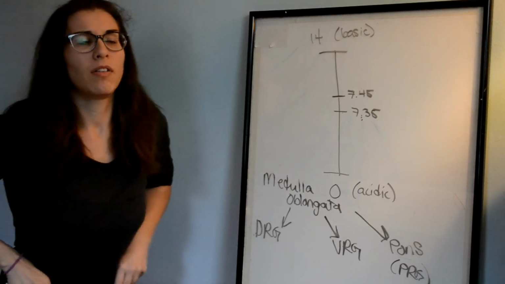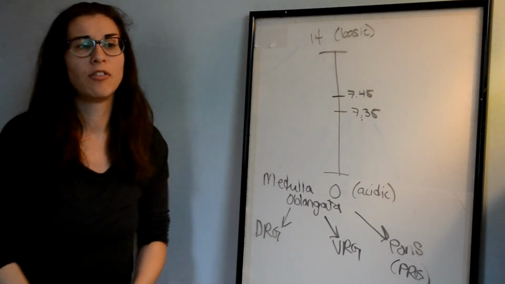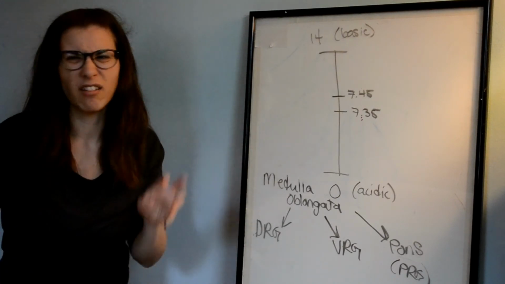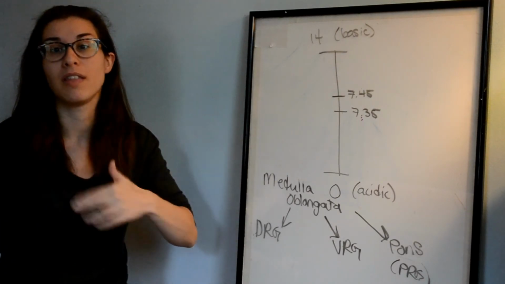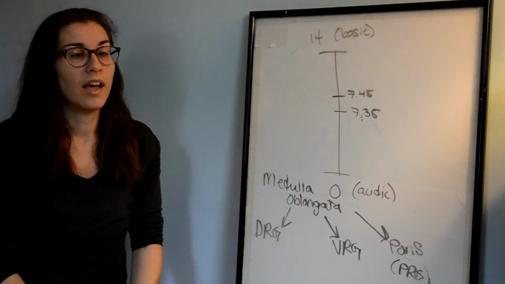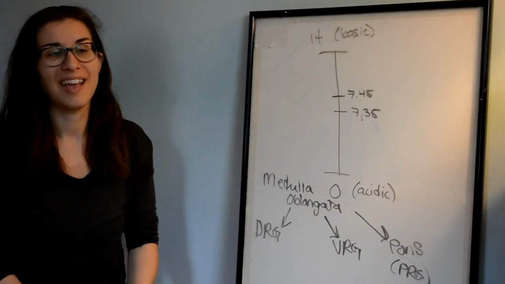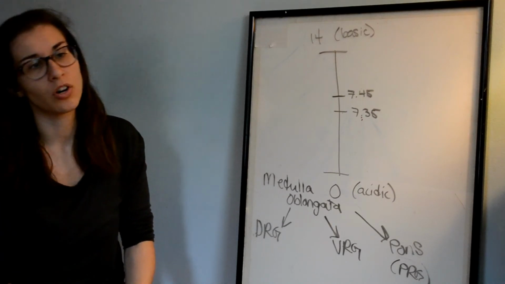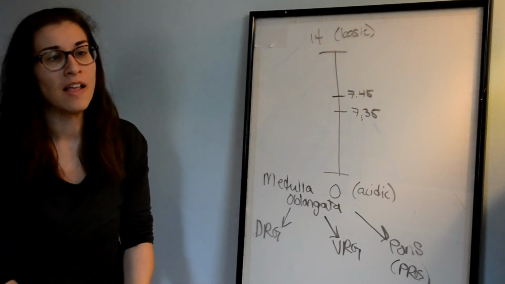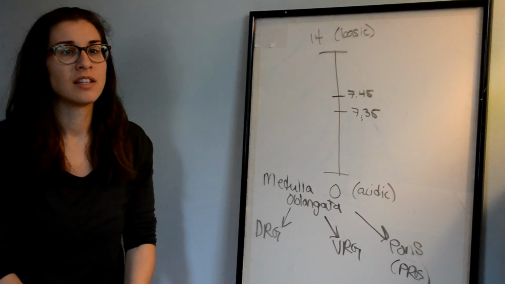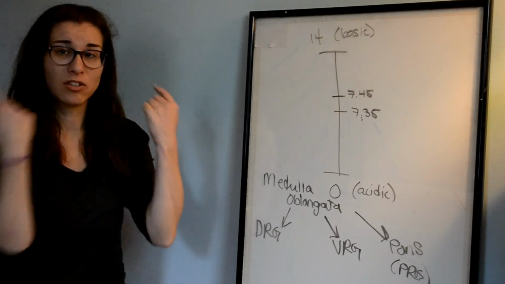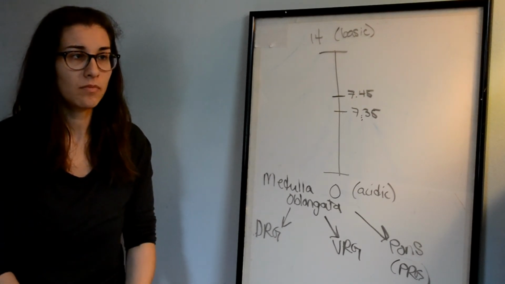So talking about the blood pH and how the brain maintains, regulates, influences our breathing pattern, we can also look at different cardiac diseases, disorders, illnesses, etc. that might influence the amount of blood that is being circulated through the body.